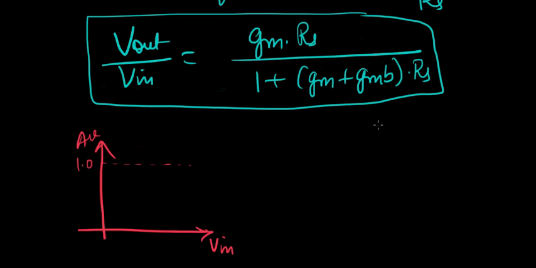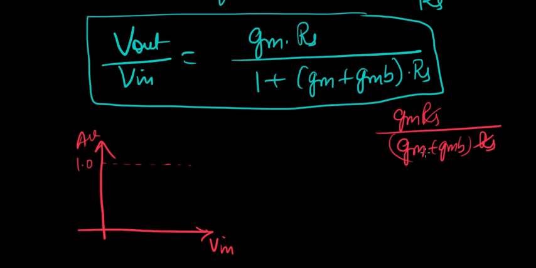Suppose Rs is really huge, nearing infinity or something. We can ignore 1 because we have an Rs here, right? So all you're left with here is GM Rs over (GM plus GMB) times Rs, and Rs can go.